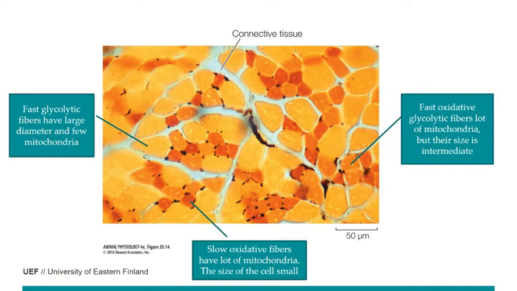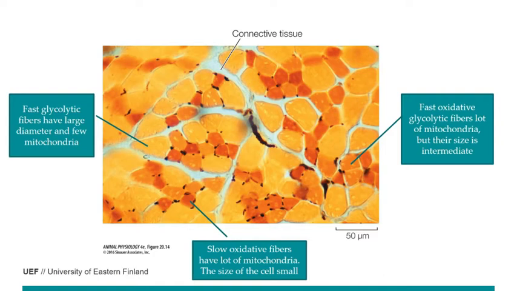So each skeletal muscle of a mammal looks like this. If it's red, it means that there is a lot of iron, meaning that there is a lot of myoglobin. If there are black dots, there are a lot of mitochondria. With this kind of staining, you can see that some muscle cells are pale, almost yellow.